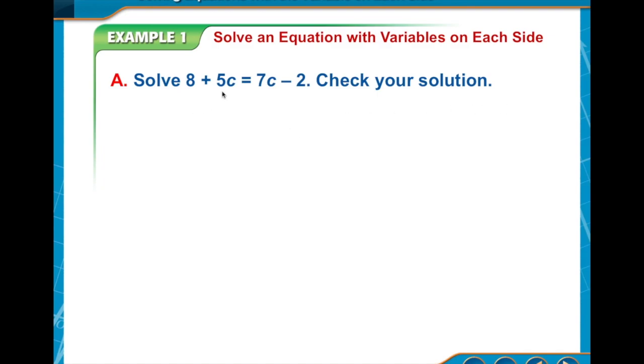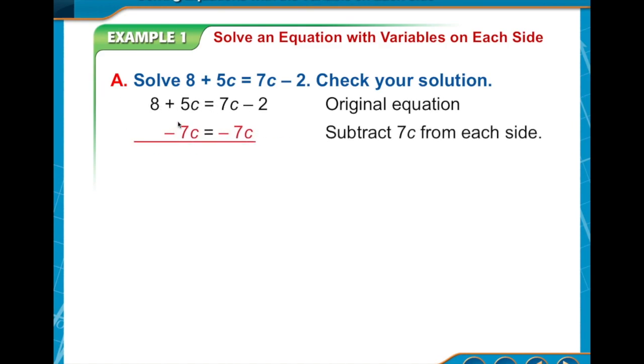The first step is to have your original equation. Now from here you can either move the numbers that you have here, or you can move your variable, whichever one you want to move first. Say we take our C's and move them all to the left side of the equation. We do that by subtracting 7C from both sides.